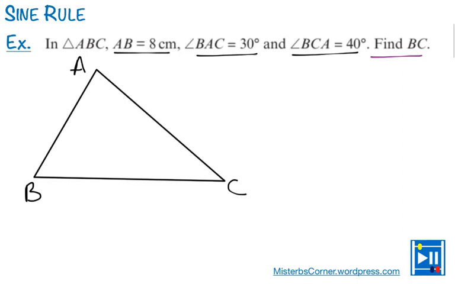So if AB is 8, this side is 8. BAC is the angle A, so this is 30 degrees. Now, my angle does not look like 30 degrees, it's more like 65 degrees or something. However, it doesn't matter, we're just sketching a diagram to visualize the given information. BCA, which is the angle C, is 40 degrees.